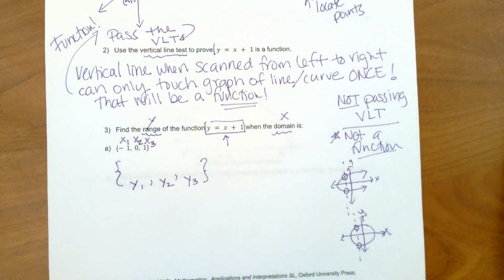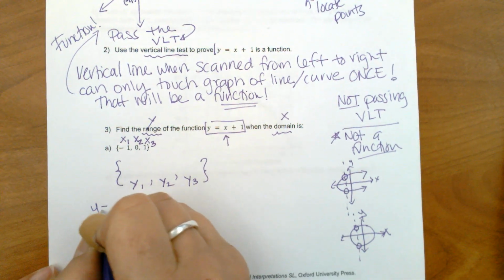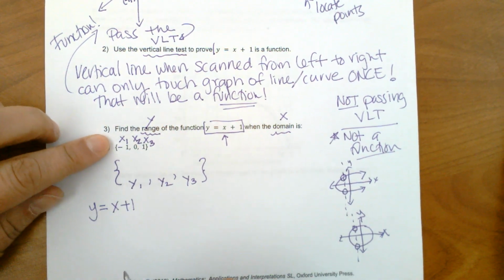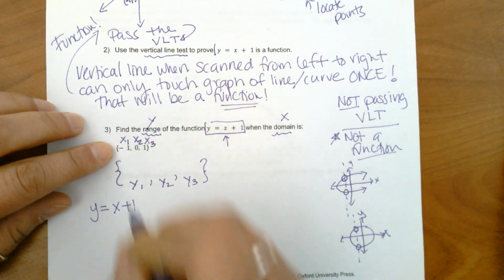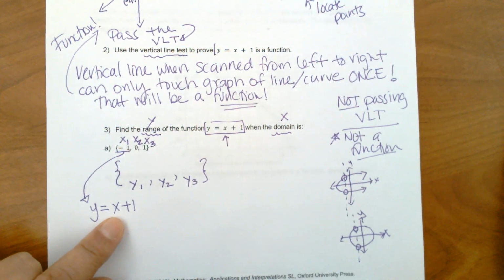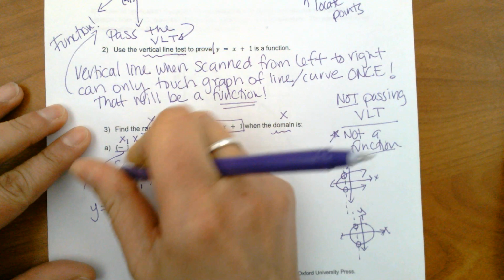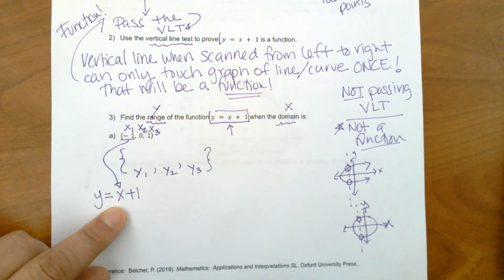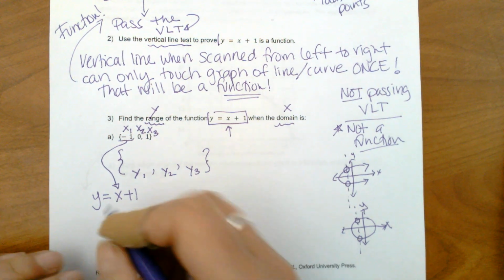So let's do that. Okay, so we're going to take y equals x plus 1. And we're going to take this first x right here, and we're going to be substituting it in for this x. So we're going to take out the x.